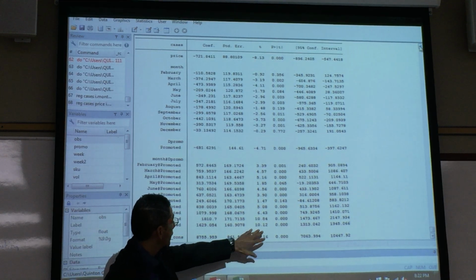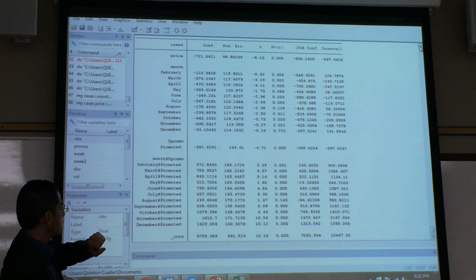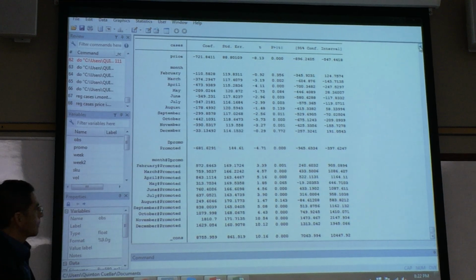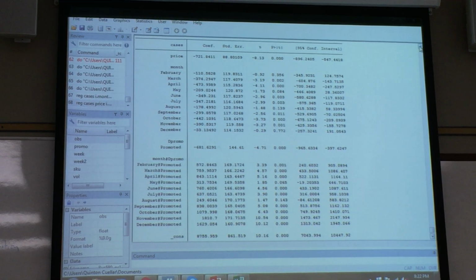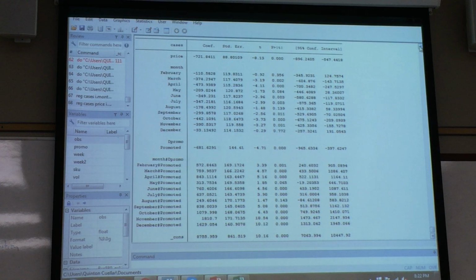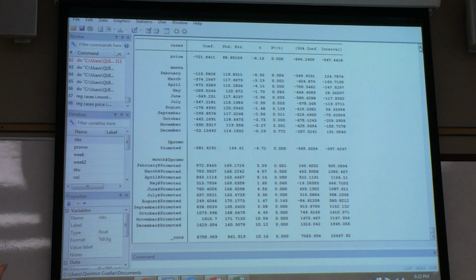And, again, statistically significant, except for August and May. The portion above is not taking interaction. What do you mean, the months?